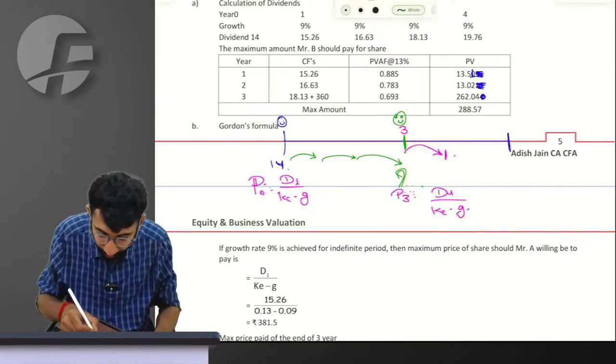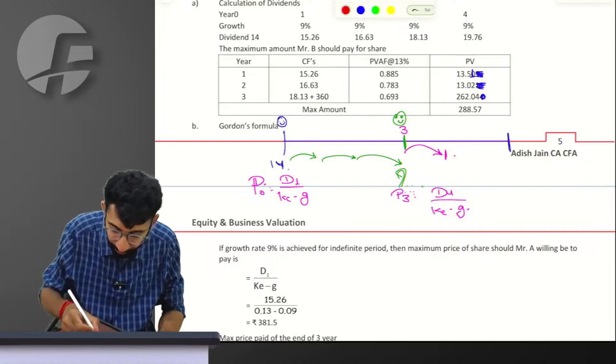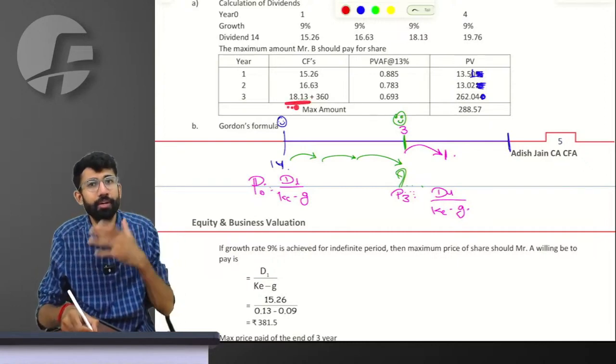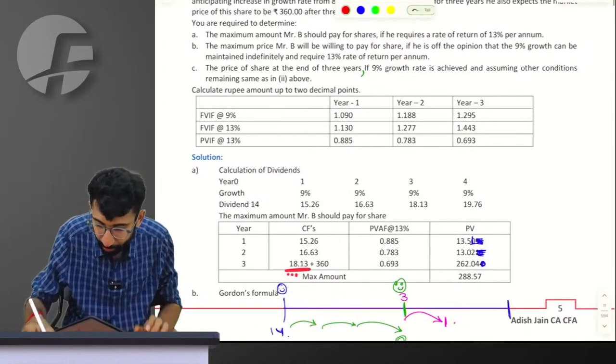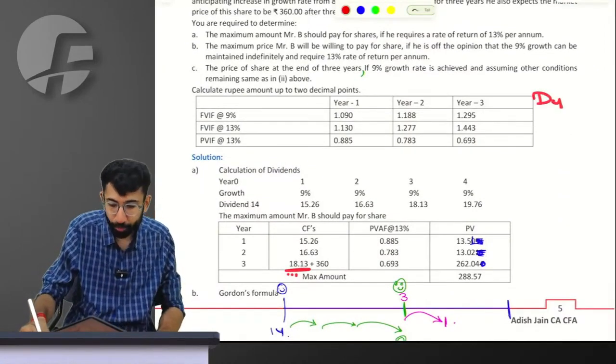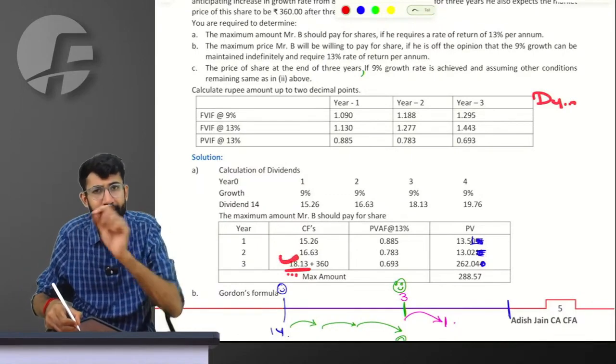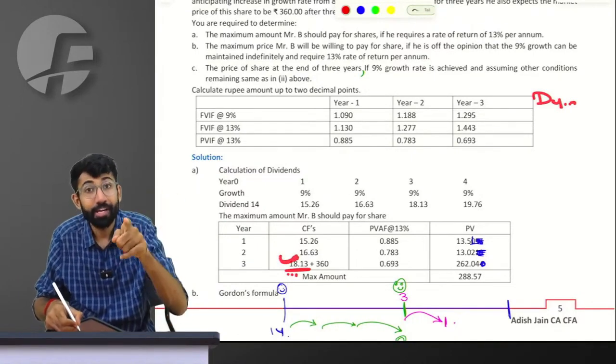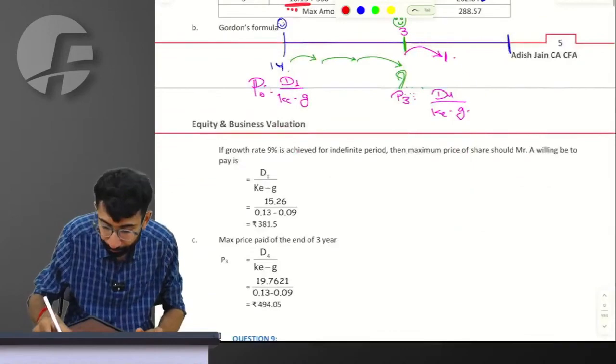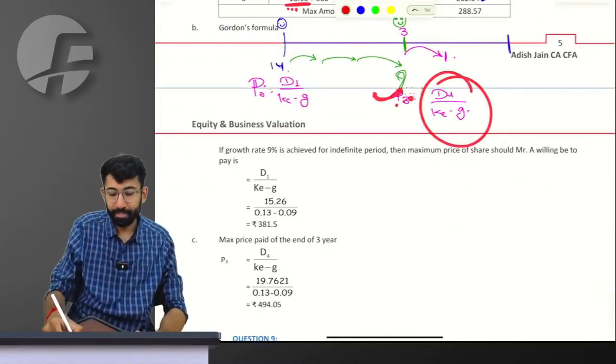If you have D3 as 18.13, D3 is already there with me. Has the examiner given me the present value factor for 4 years? No. If I have D3 available with me, can I say D3 into 1 plus G divided by K minus G to find out the P3?